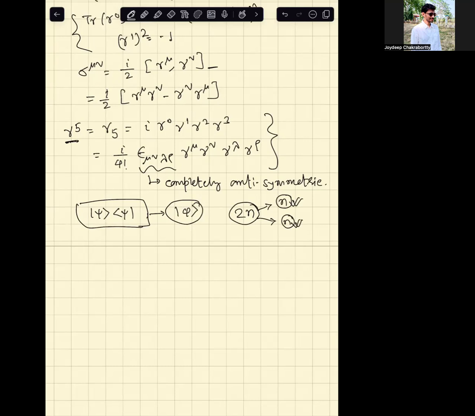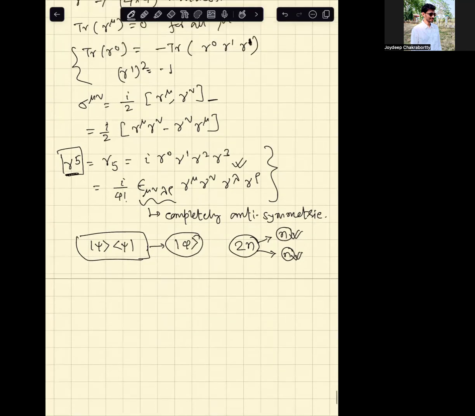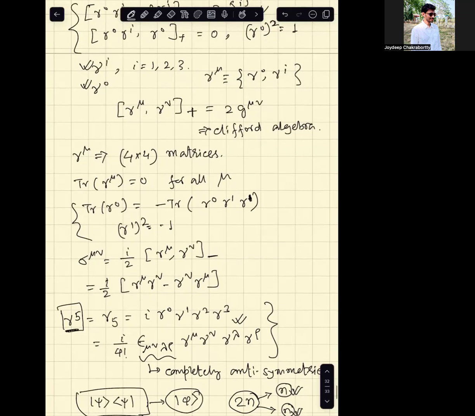But keep in mind this gamma phi operator, the way it is being introduced here: gamma phi is basically not an independent one. Because we are working in 3 plus 1 dimensions, which is 4, it's an even dimension. So gamma phi is not an independent operator, and that's why, when you write down the Clifford algebra, gamma phi is not part of the algebra.